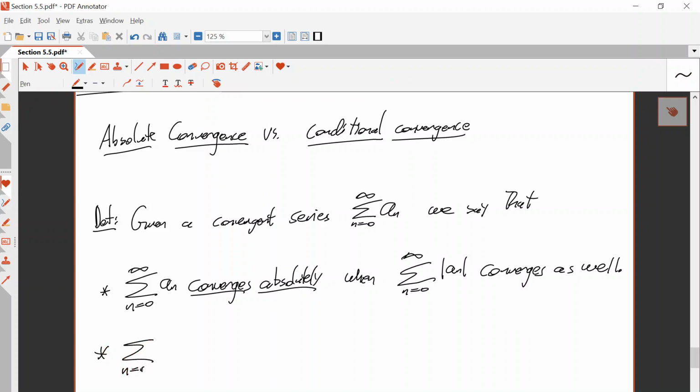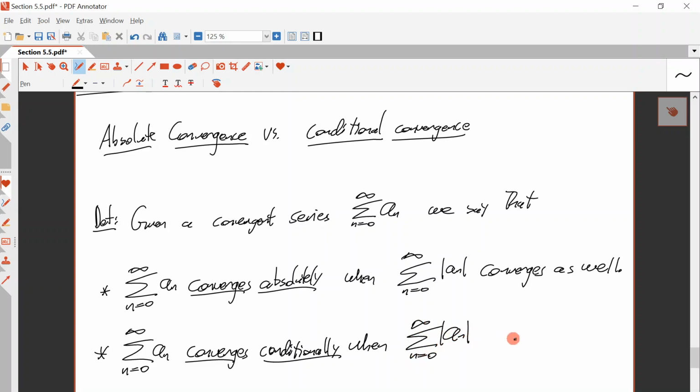And then we say converges conditionally. I guess I didn't write that nicely. When this series for the positive terms diverges.